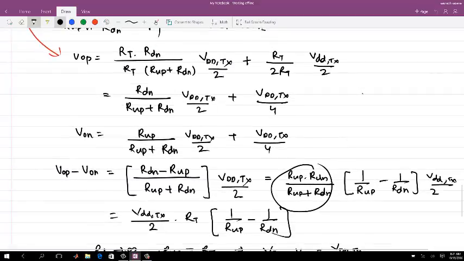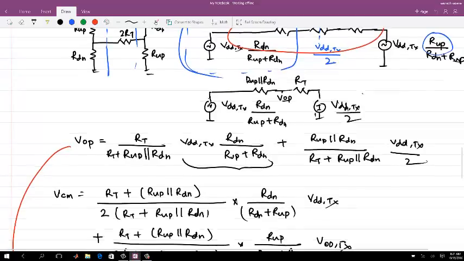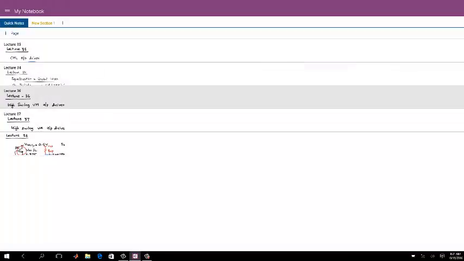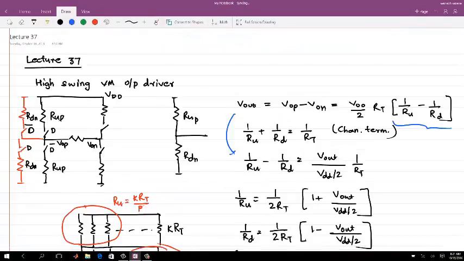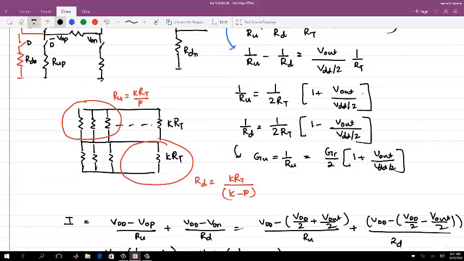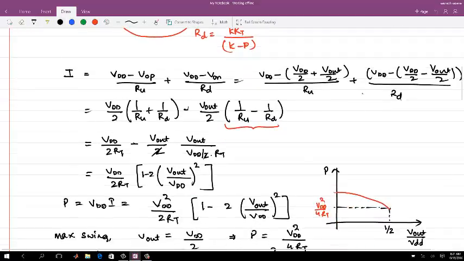And similarly we also calculated what will be 1 by R up and what will be 1 by R down. So you see that 1 by R up here is directly proportional to V out, and 1 by R down also, and the current consumption is quadratic in relation to V out.